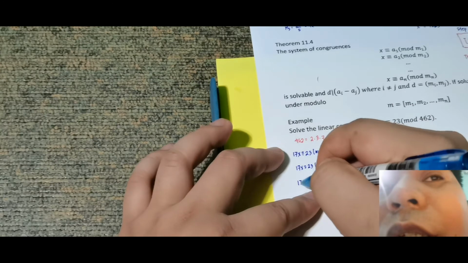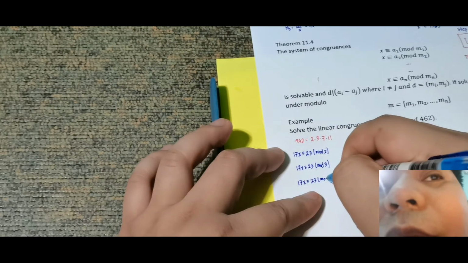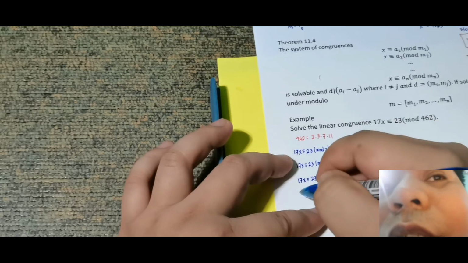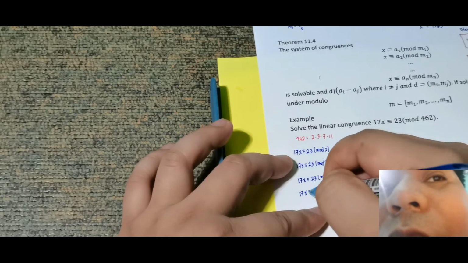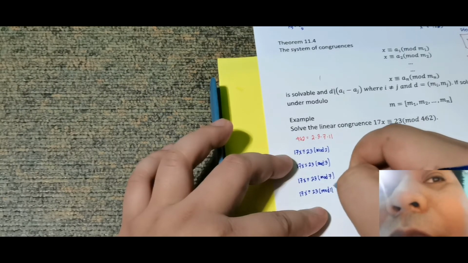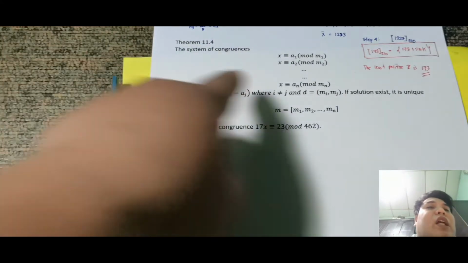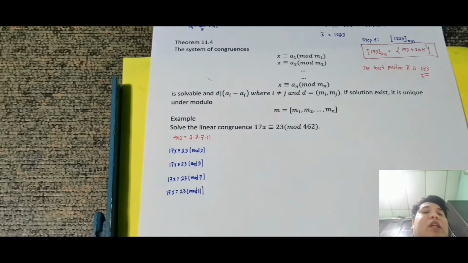Okay, next 17x congruent to 23 mod 7. Okay, next is 17x congruent to 23 mod 11. Okay, next is syempre hindi pa tayo na-form ng ganito. So ang goal natin kailangan ma-form natin sa ganyan, in which x lang yung nasa left side. So therefore isa-simplify natin siya right away kada isa.